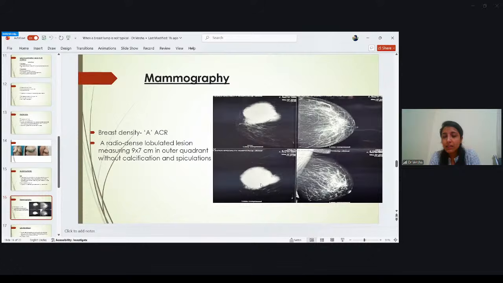So we can see in the image, the upper part is showing the craniocaudal view and the lower part is showing the medial lateral oblique view. So we can very well identify the lesion in the outer quadrant of right breast in this image, which is showing lobulation and radiodensity.